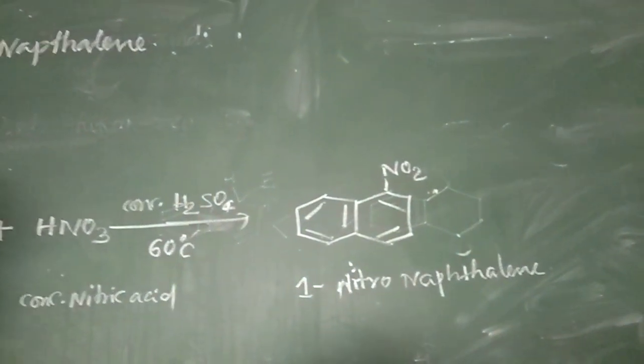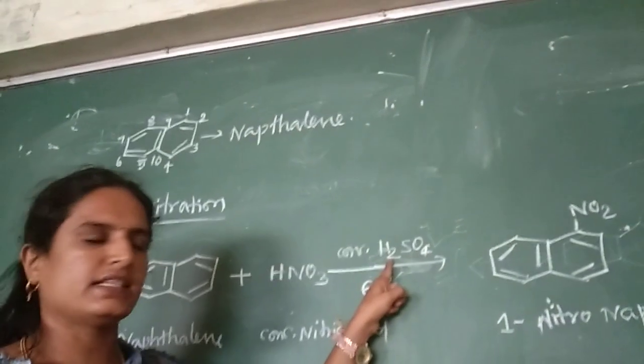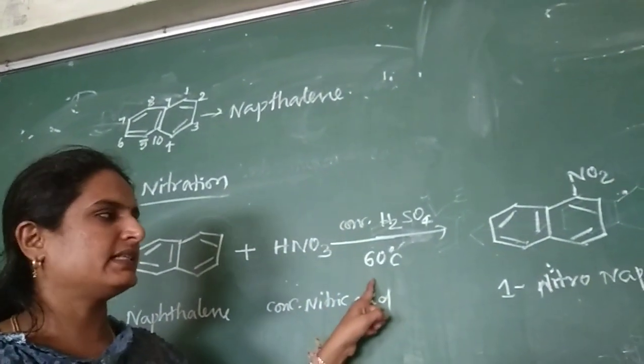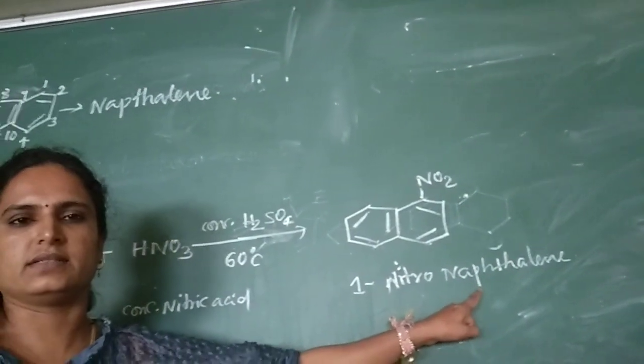See, naphthalene reacts with concentrated nitric acid in the presence of concentrated sulfuric acid at 60 degrees Celsius. It gives the one nitro naphthalene product. Okay.